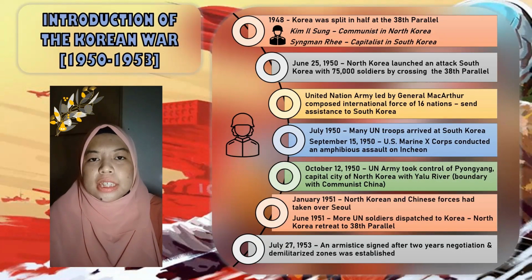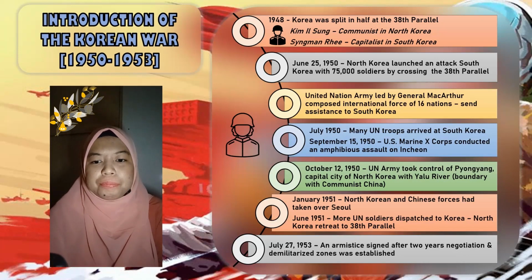President Truman gave his approval despite being concerned about Chinese retaliation, and the UN soldiers entered North Korea on October 7, 1950. They took control of Pyongyang, the capital of North Korea, on October 12, and subsequently the Yalu River, which served as the country's boundary with Communist China.